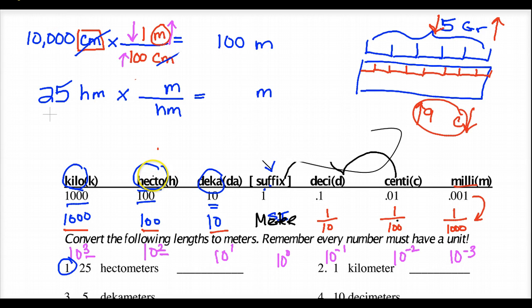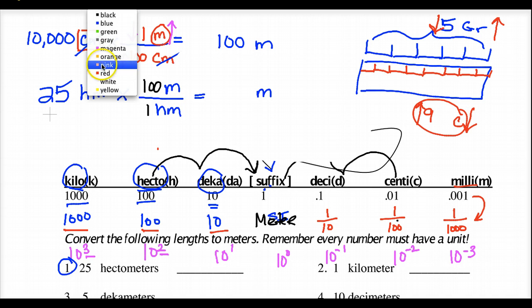What's the difference between a hectometer and a meter? 2 jumps, or 100. Remember, hecto is 100. So for every 1 hectometer, there's 100 meters. I put the smaller number next to the bigger unit, and I put the larger number with the smaller unit.